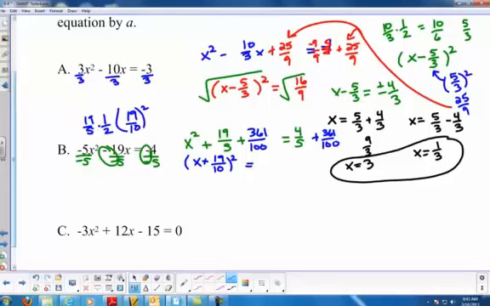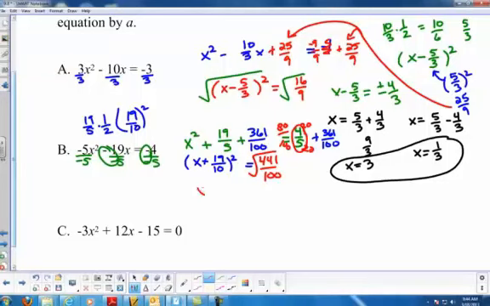Oops, I got to make my common denominator first. So we're going to multiply both of those by 20. So I have 80 over 100. So that adds up to 441 over 100.